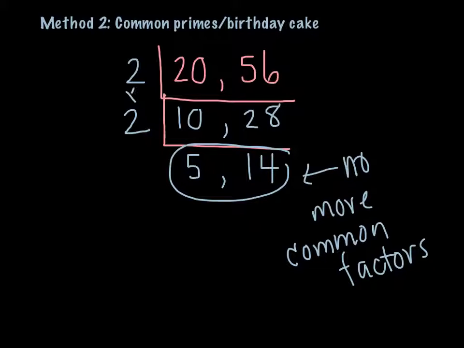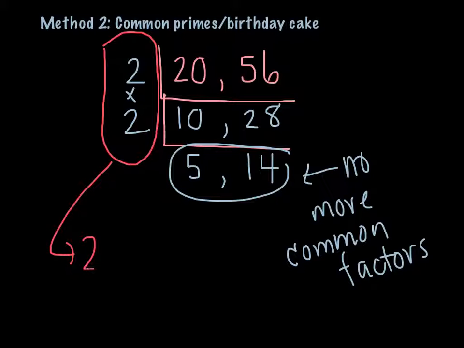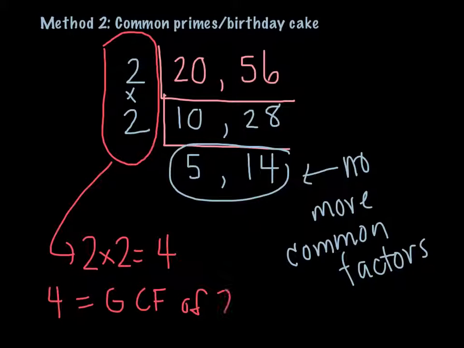And all I need to do now is take this 2 times 2 over here. First we took out one factor of 2, and then we took out another factor of 2, and then I just multiply those two numbers. 2 times 2 is 4, so 4 is the greatest common factor of 20 and 56.